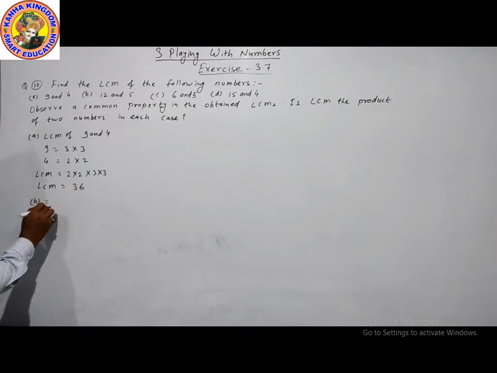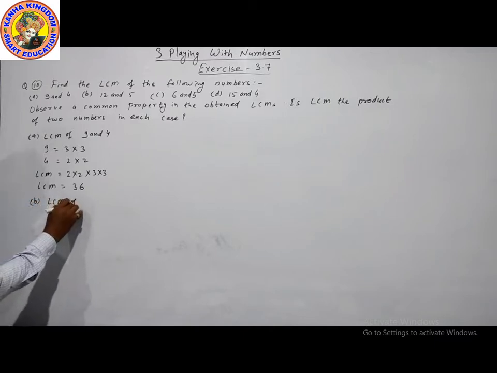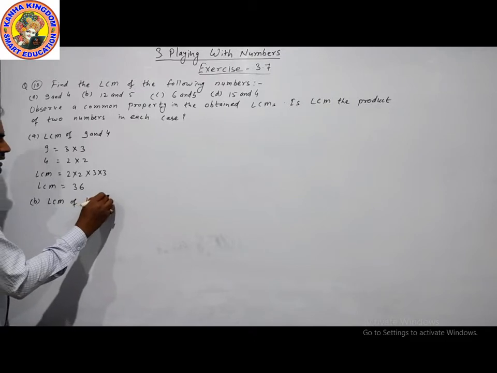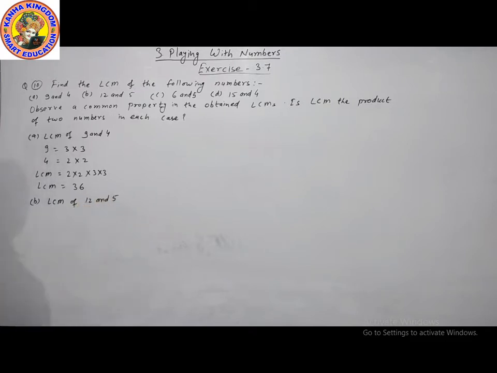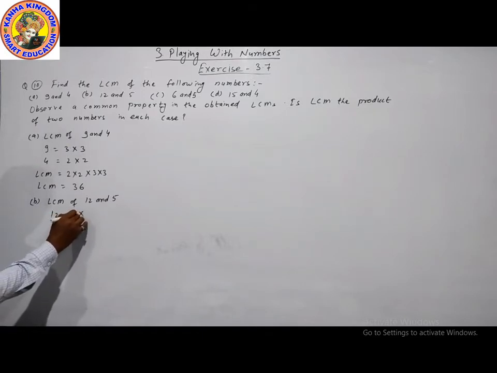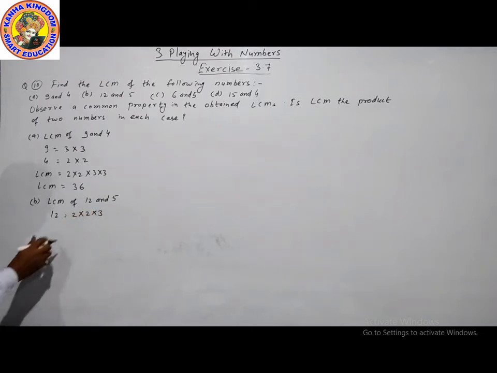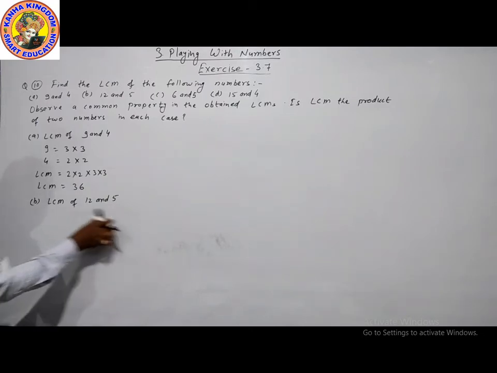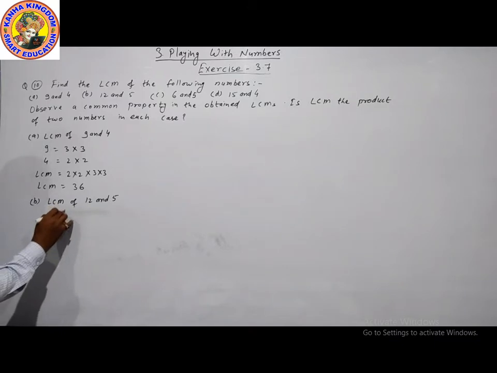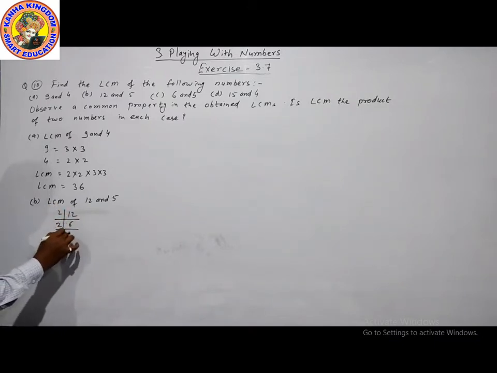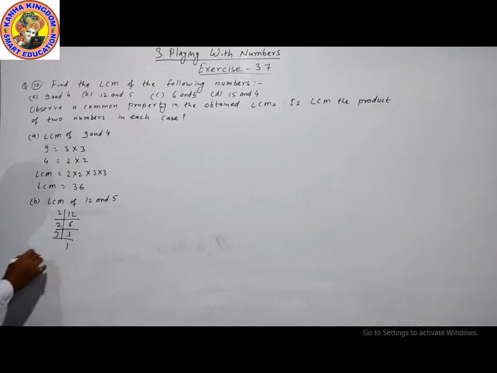In part B, the LCM of 12 and 5. 12 can be written as 2 into 2, 4, 4 into 3, 12. You can also write 12, 2, 6, 2, 3, 3, 1.